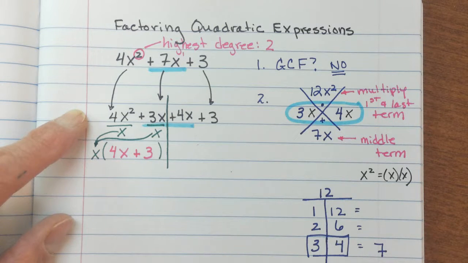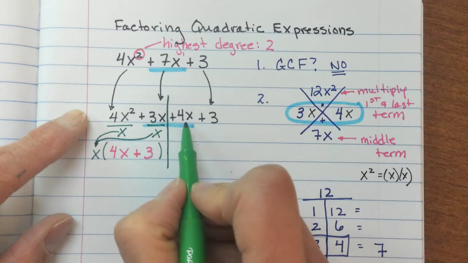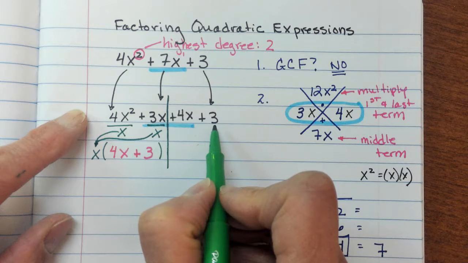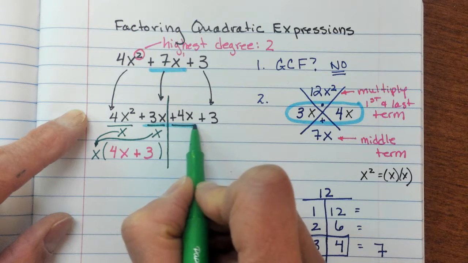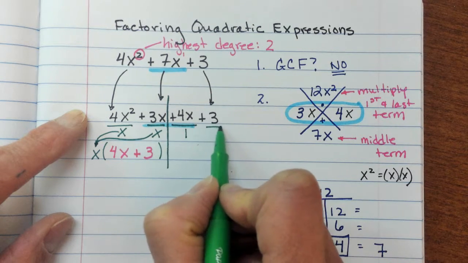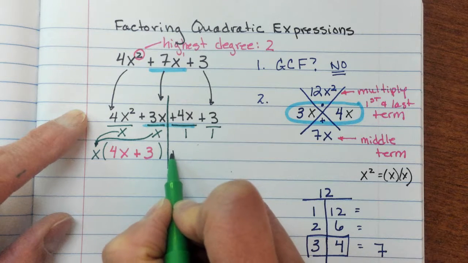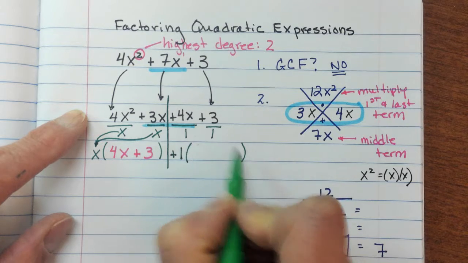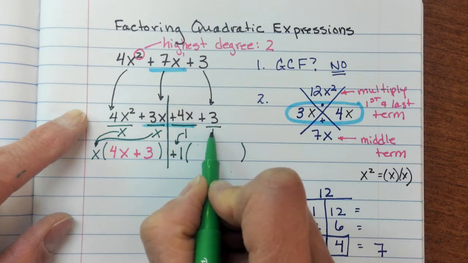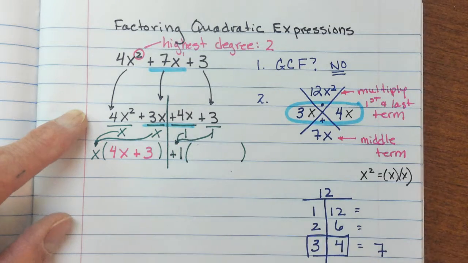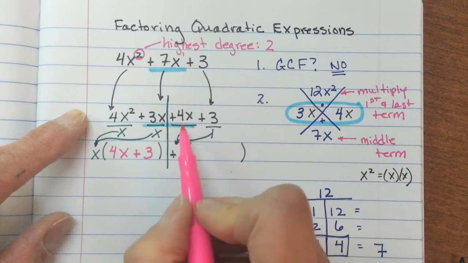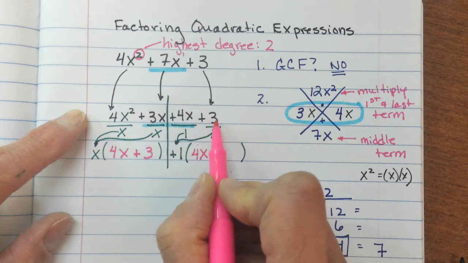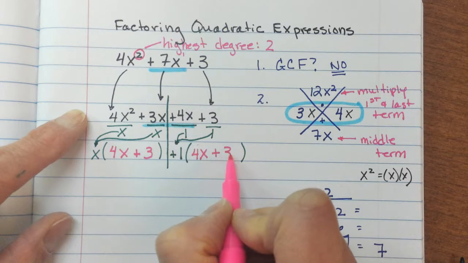So now let's look at the second part. I'm looking between 4x and 3, and initially I think there's nothing in common. However, I can always factor out a plus 1. So I'm going to write plus 1. That's what I'm distributing out. So now when I do my division, when I divide 4x by 1, I get 4x, and when I divide 3 by 1, I get a plus 3.